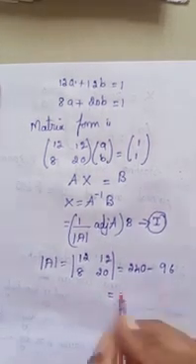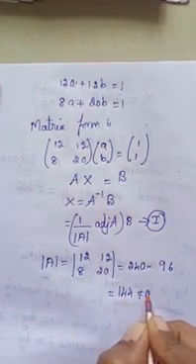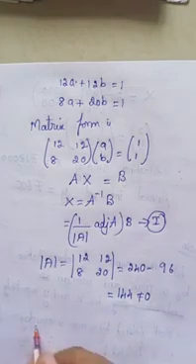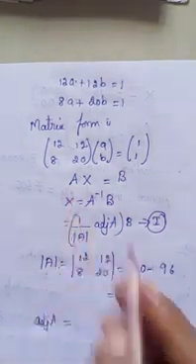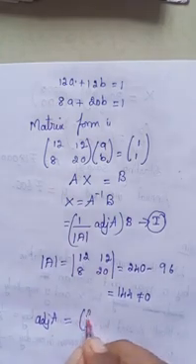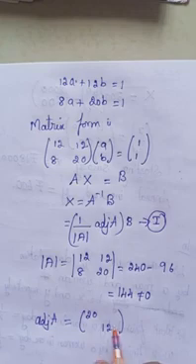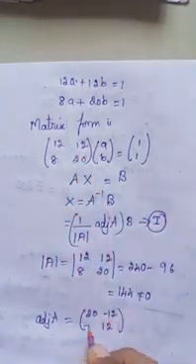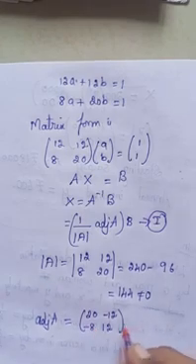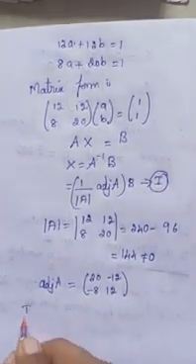So 240 minus 96, we will be getting 144. This is not equal to 0. Now it's easy for us to find adjoint A. So the main diagonal we have to interchange. So 20 and here 12. The other diagonal sign will change, isn't it? Plus 12 means minus 12 and plus 8 means that is minus 8. Now we have got the value. We can substitute in the big one.